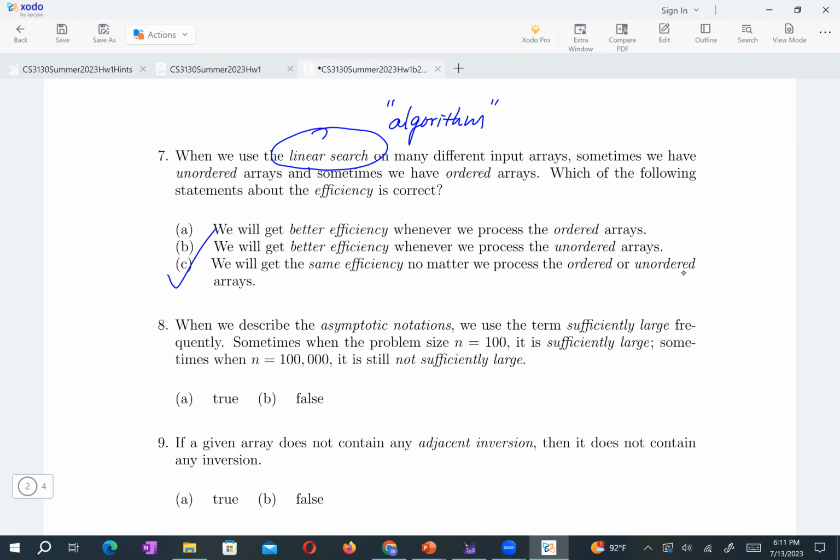But if you write code that's linear search, then no matter what, the computer just applies linear search. It never changes. Yeah, number 7.